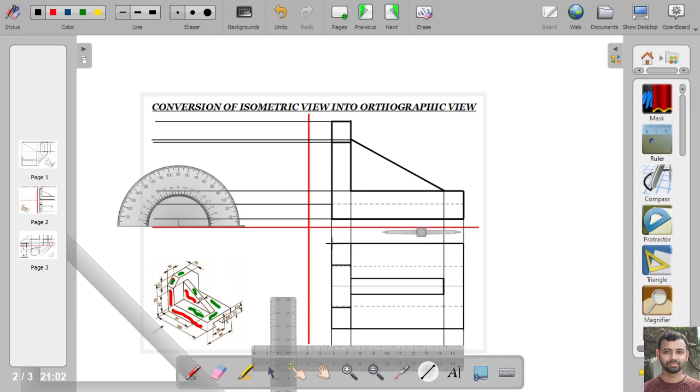Similarly, here also we will project all these points on this reference line.